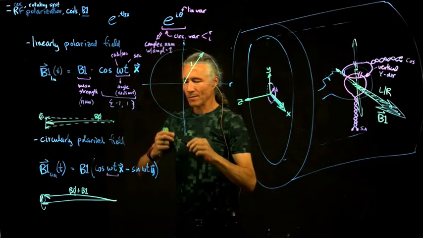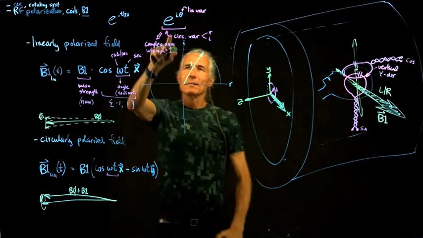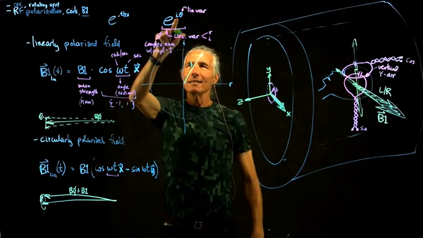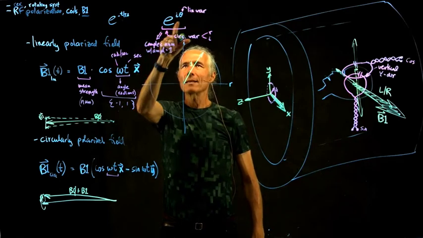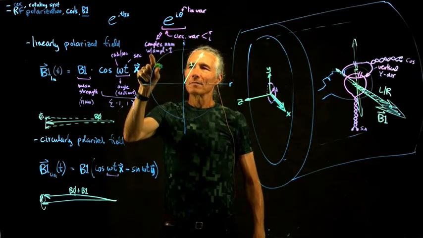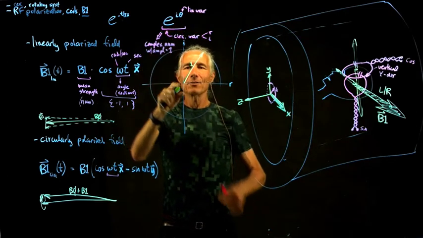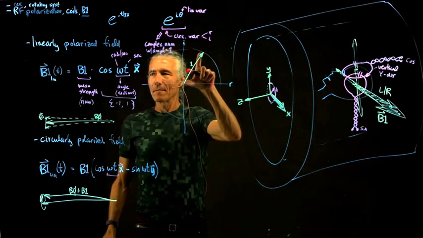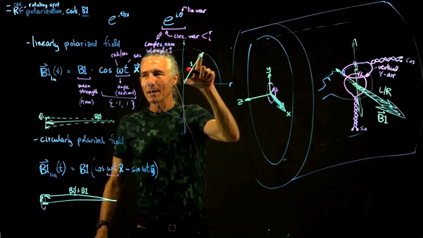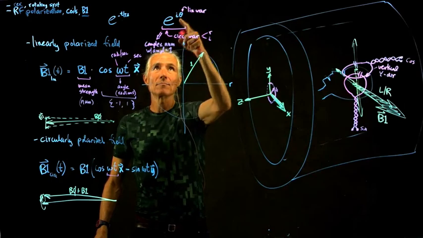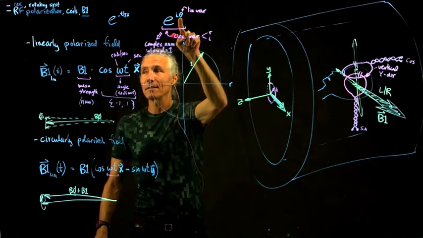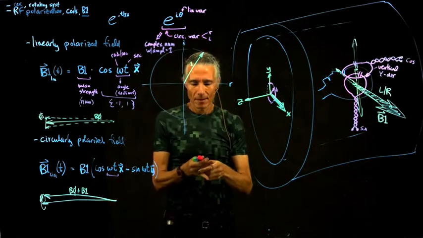So that's what that means. So if you just see an e to the i anything, so e to the i angle, translate in your mind into a vector with a length of 1 and some angle, and the angle is what you have in that theta there.